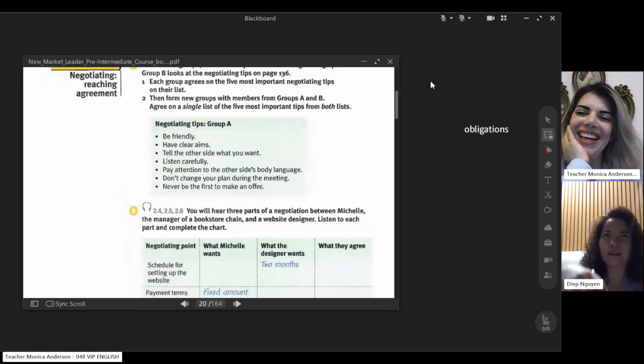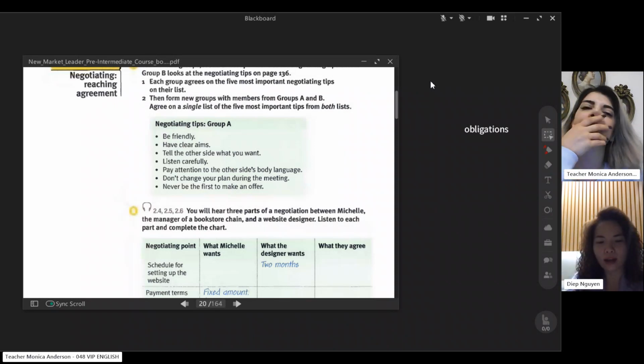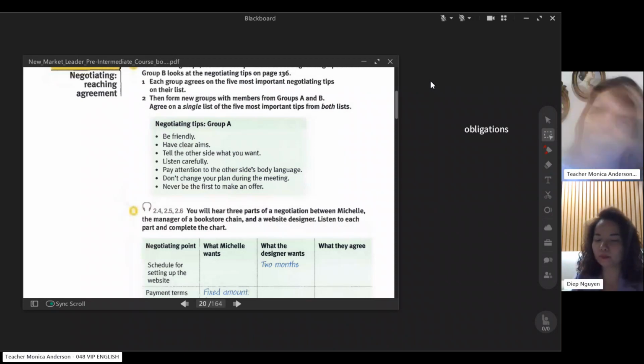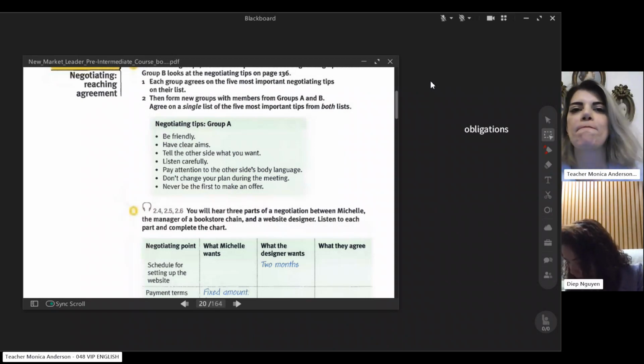You mean use modal verbs like must, have to, should, and need, or maybe negative forms.